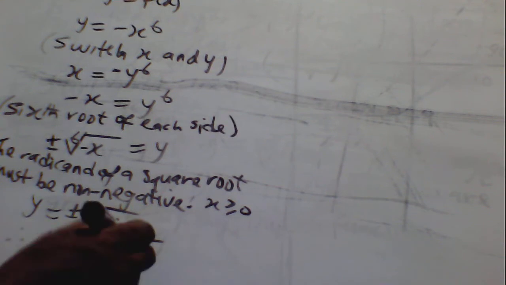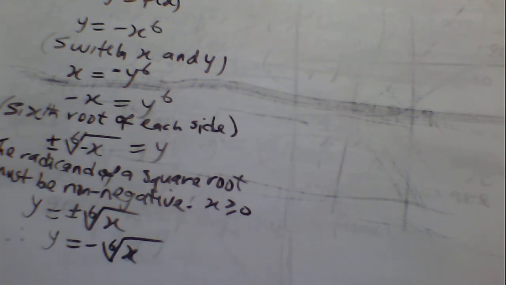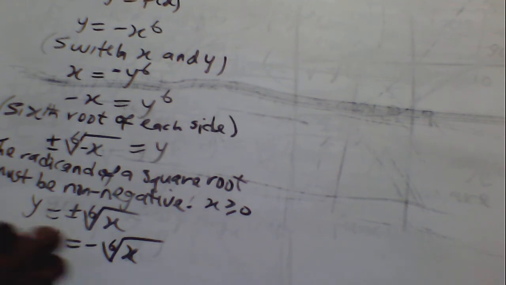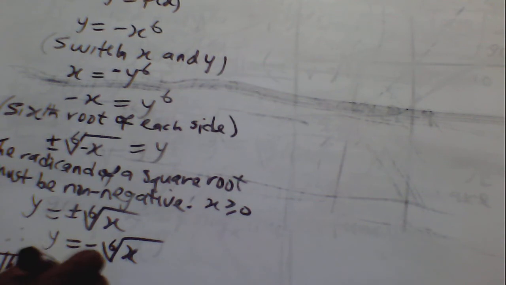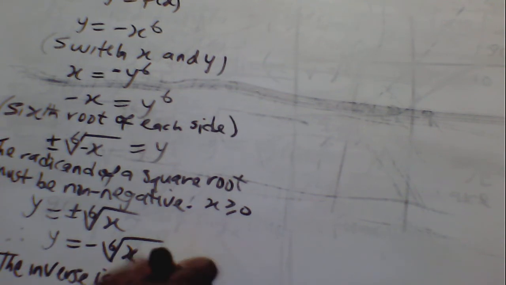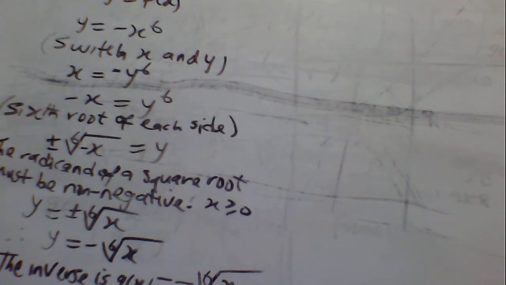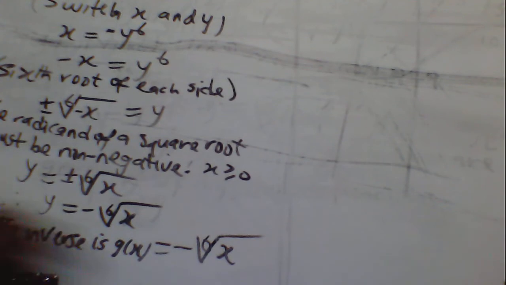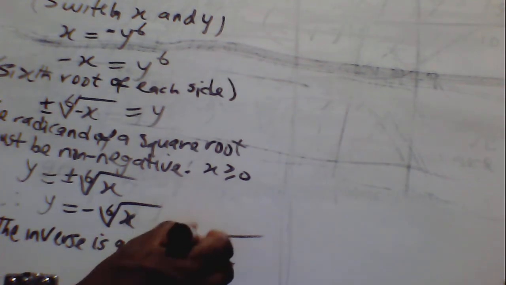That is true. Take the negative, because if you really wanted to, this is the inverse. Therefore g of x, the inverse, is g of x equals negative the 6th root of x. If the inverse is the negative 6th root of x, this is possible.